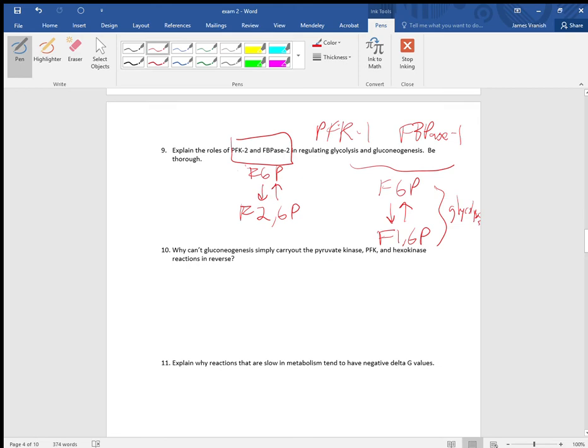All right, now the whole reason for these two enzymes and this particular compound here is to regulate glycolysis. So this compound here is basically serving as an allosteric regulator for PFK1 and FBPase1. Right? It's coming up and regulating those guys.